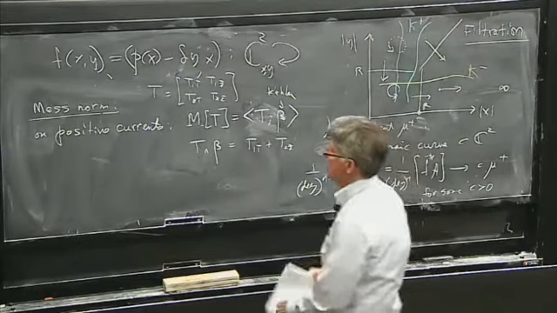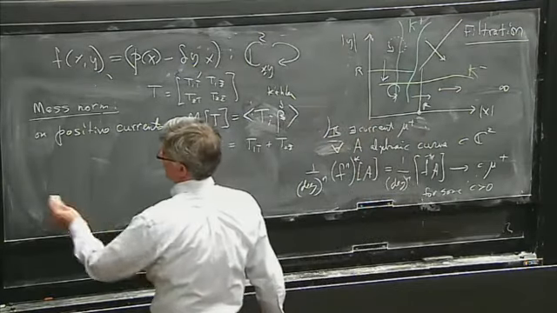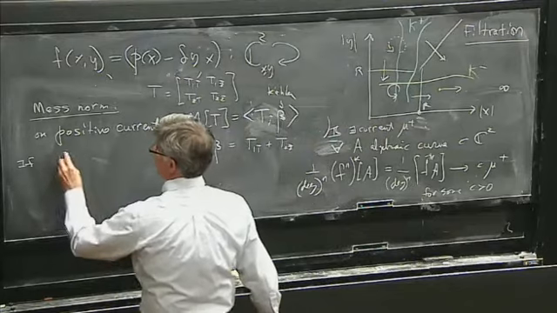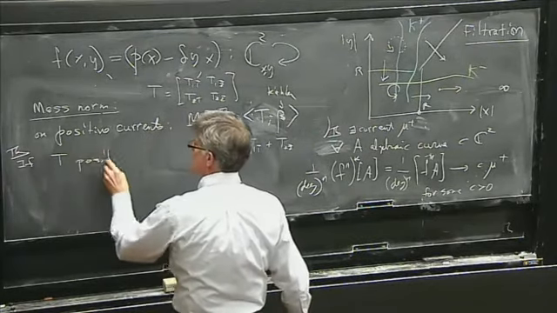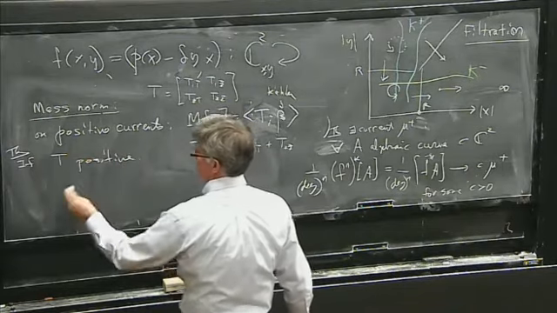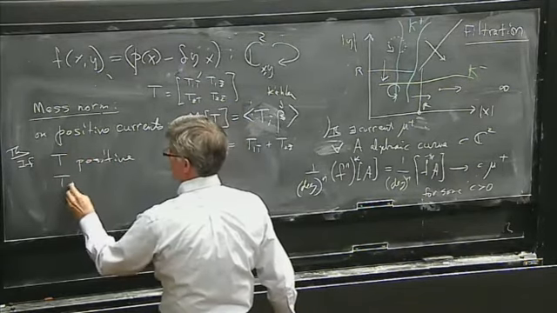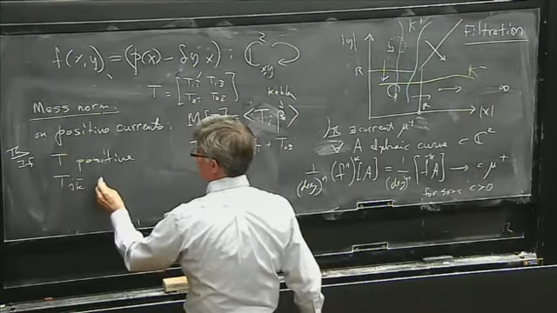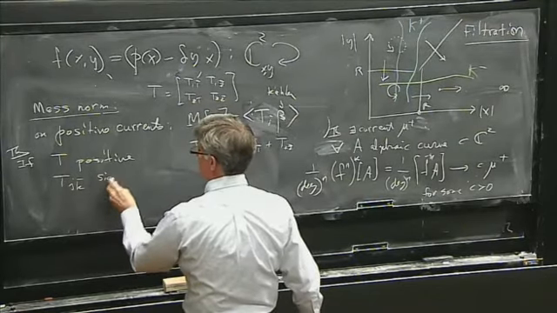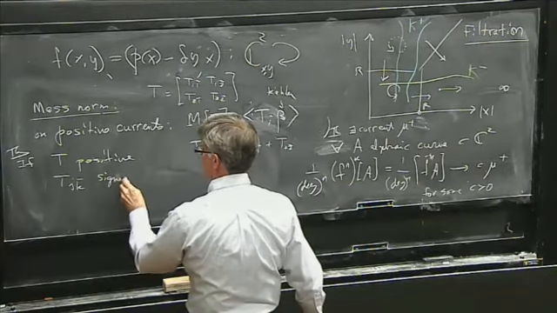And if T is positive, so it's a theorem now, if T is positive, the TJK bars, all of these guys here, are Radon measures, signed measures.